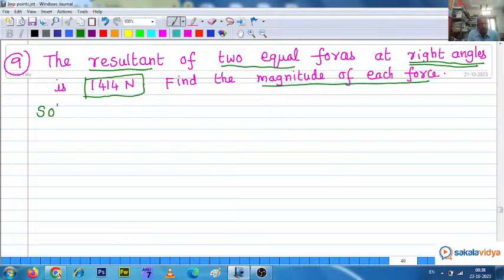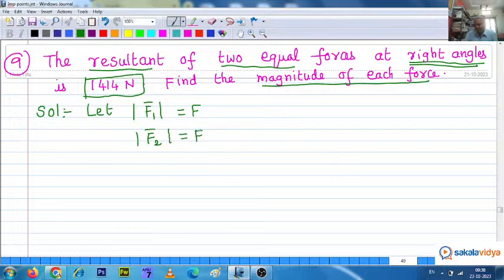See, let us proceed like this. Let mod P bar is equal to P. Force you can say F also, no problem. Generally take the one, write down like this. F1 bar is equal to F, write down. F2 bar equals F, write down.